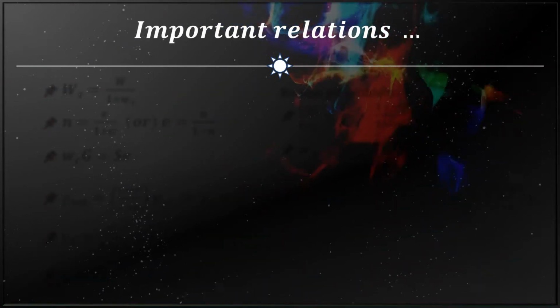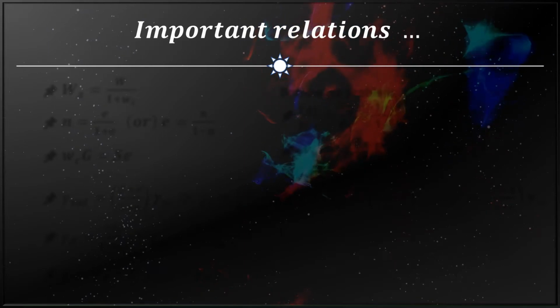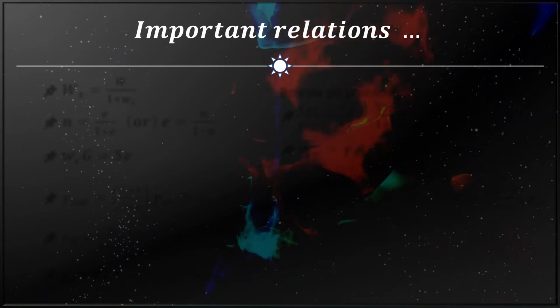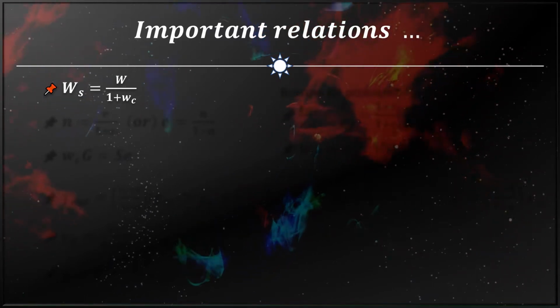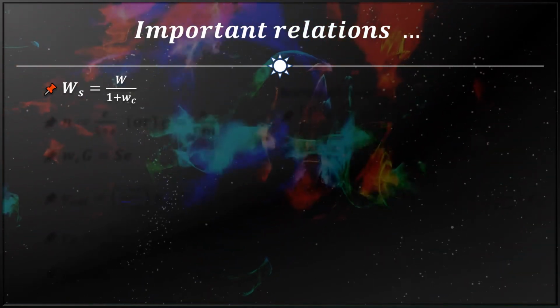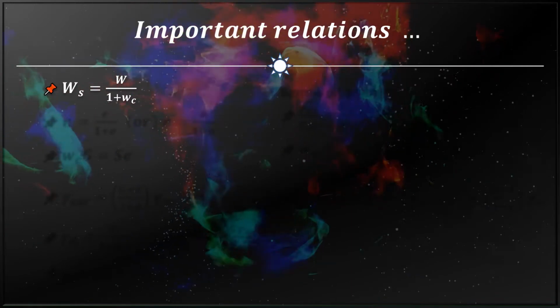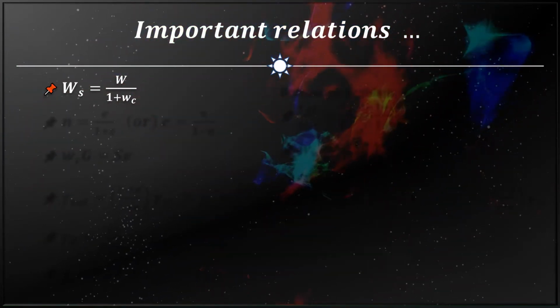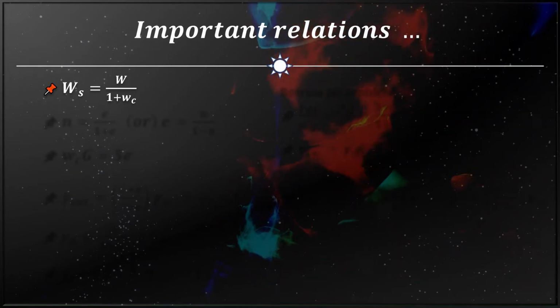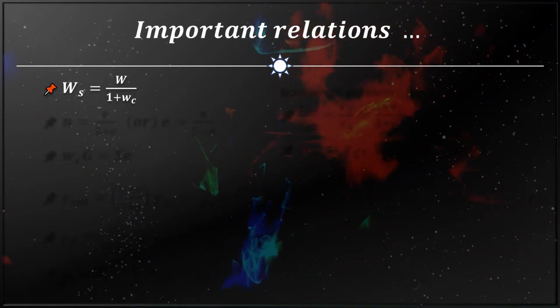And we shall now see the important relations between the previous formulas, that is unit weight and properties. First is weight of solids. Ws is given by W by 1 plus Wc. What is W? Simply the total weight. So how to calculate weight of solids only? Ws is equal to W by 1 plus Wc, where Wc is water content.